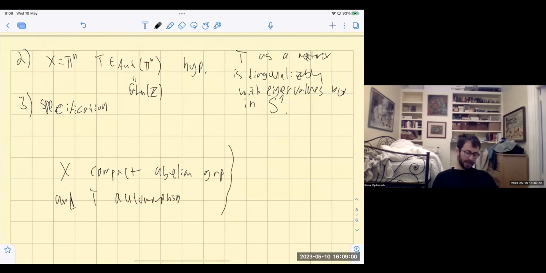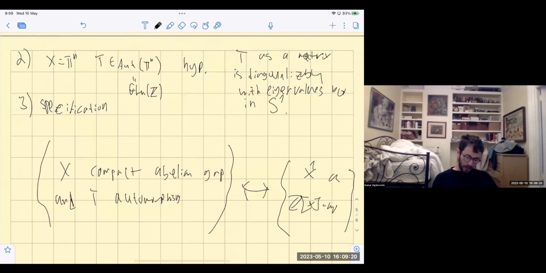By the way, there's a nice theory of these systems. If you take the Pontryagin dual of X, then it is a discrete abelian group, and the action of T will make it a Z[x, x inverse] module.